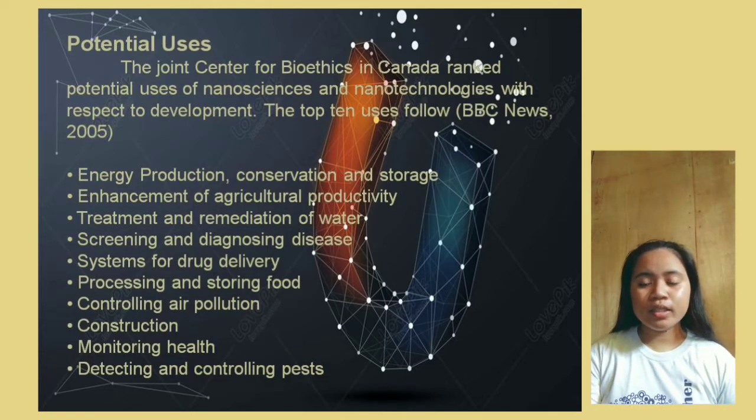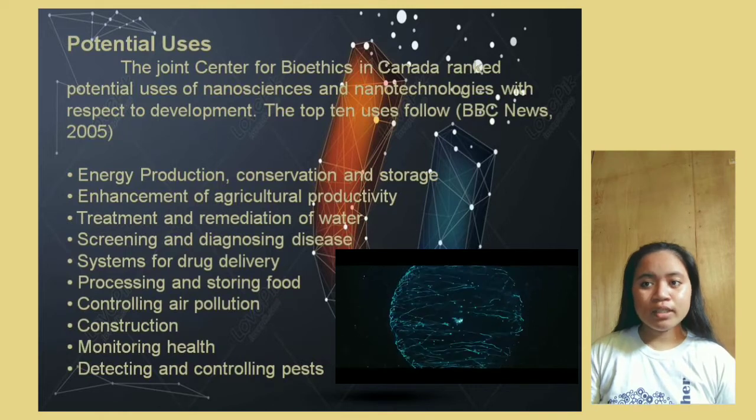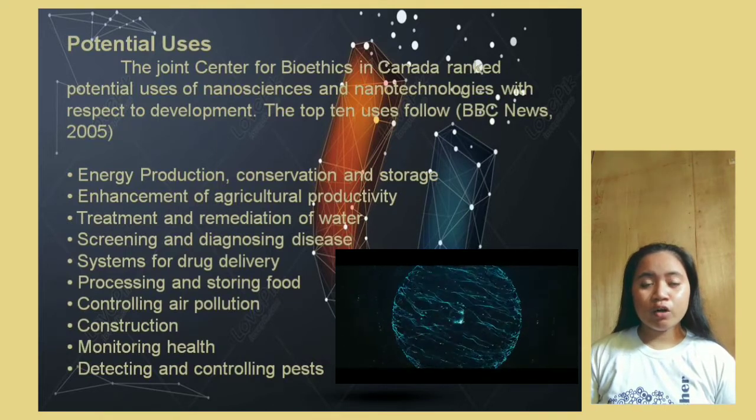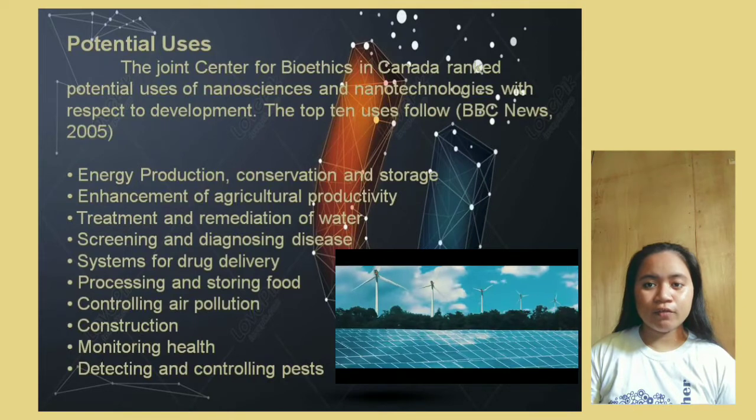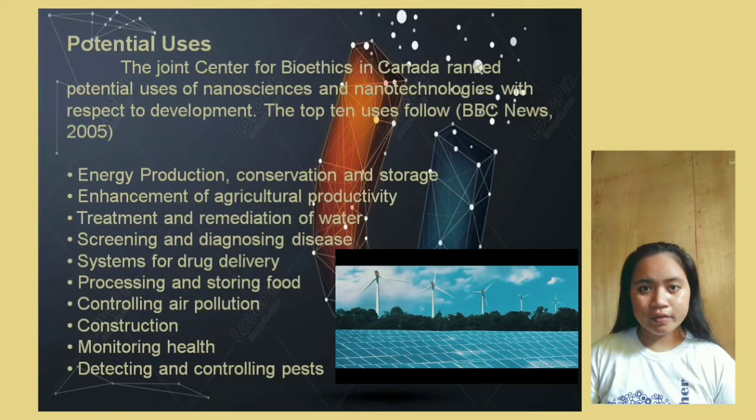Now, what are the uses of nanoscience or nanotechnology? The Joint Centre for Bioethics in Canada ranked potential uses of nanosciences and nanotechnologies with respect to development. The top 10 uses, according to BBC News in 2005, are energy production, conservation, and storage.